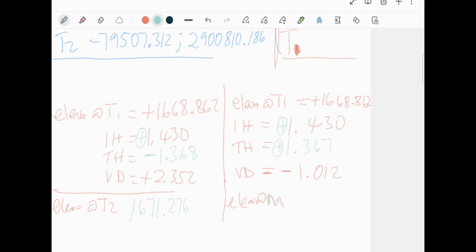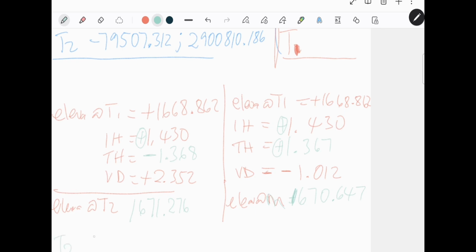It's plus 1,367 and negative 1,012. We have 1670.647.